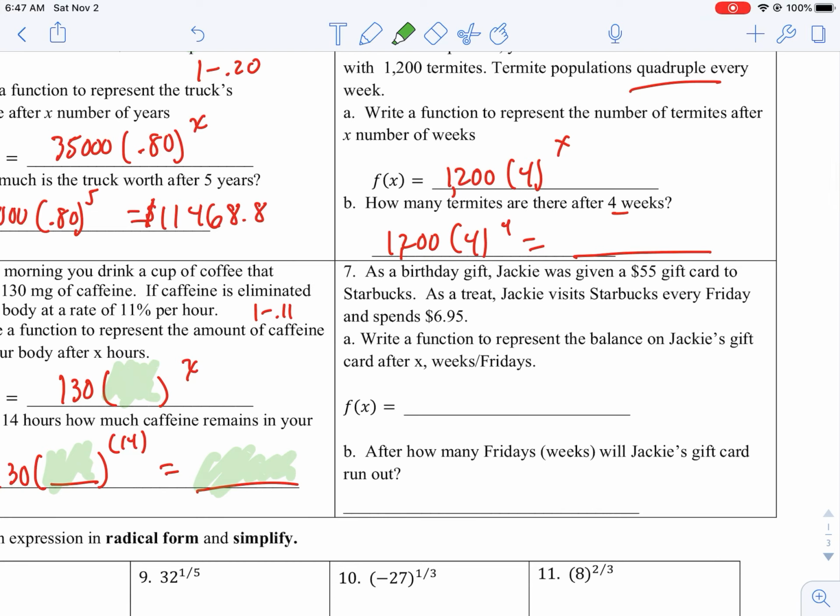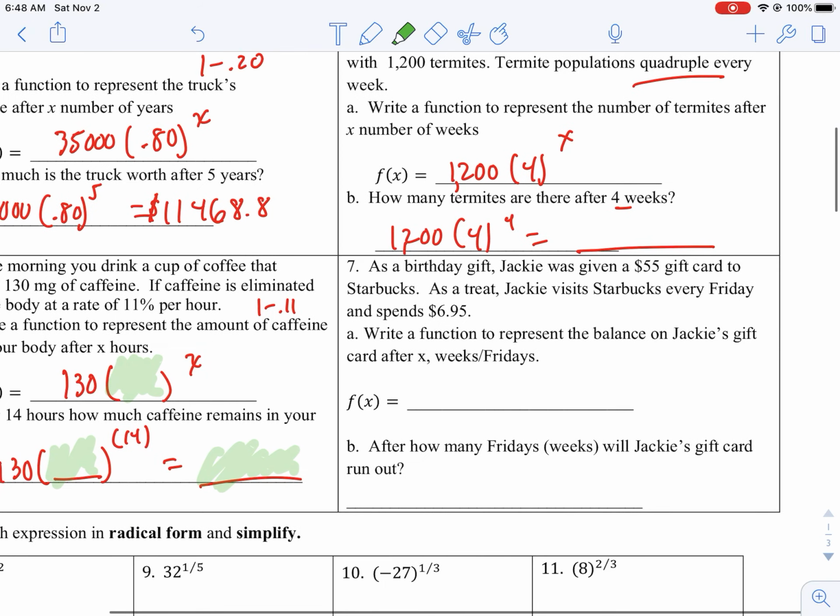Jackie has 55 dollars on her Starbucks card. She treats herself to Starbucks every Friday, so write a function. This is a linear function because it just goes down each week, so it's 55 minus 6.95x.